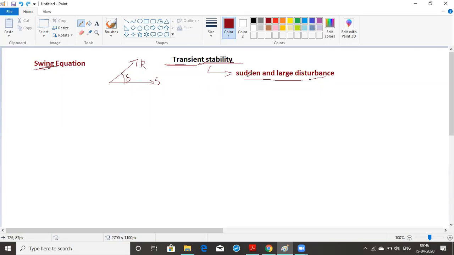If any disturbance takes place on a synchronous generator, the rotor axis may get accelerated or decelerated.